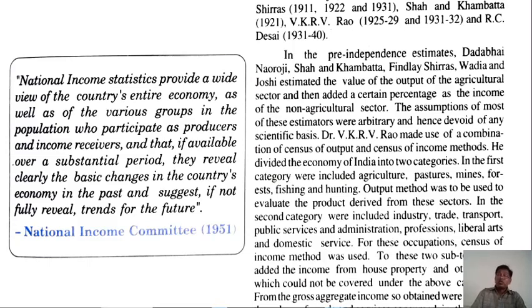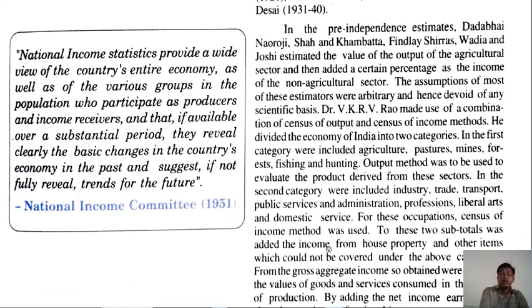The output method was to be used to evaluate the product derived from this sector. In the second category, he included industry, trade, transport, public services, and administration, professionals, liberal arts, and domestic services.